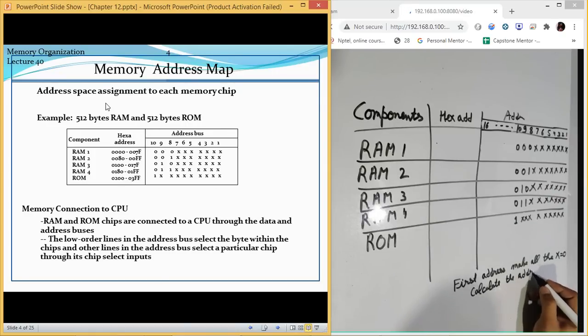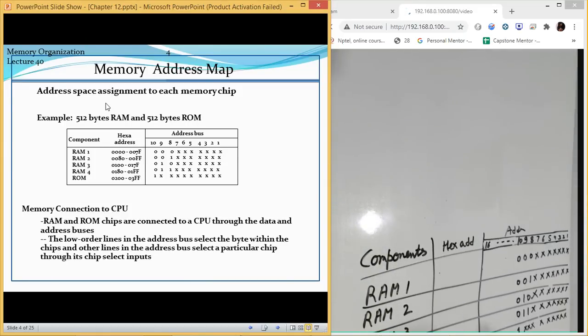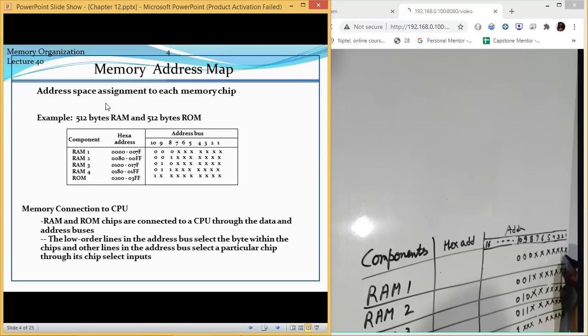Now let us do it for the first value. These four values will be 0, and these three values are also going to be 0. And then we will calculate the address.